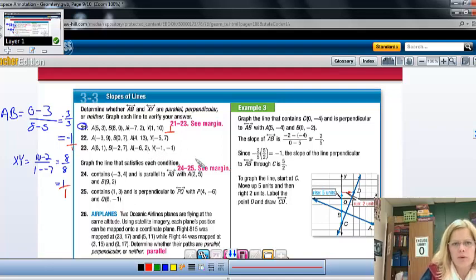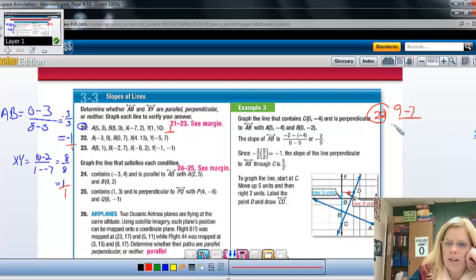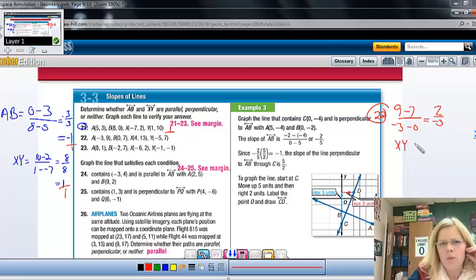If I was to do 22, last class had it, so let's do 22 over here. I would have 9 minus 7 over negative 3 minus 0. So that would give me a positive 2 over negative 3. And if I did XY, I would have 13 minus 7 over 4 minus negative 5.